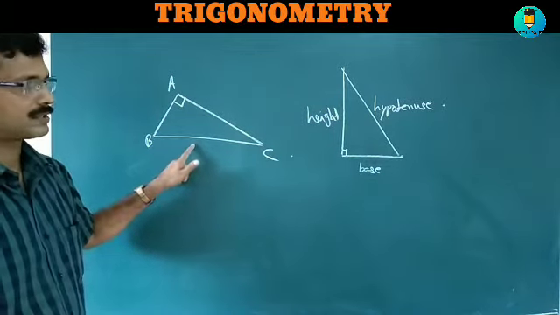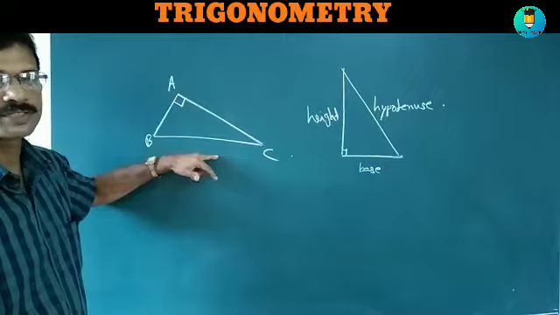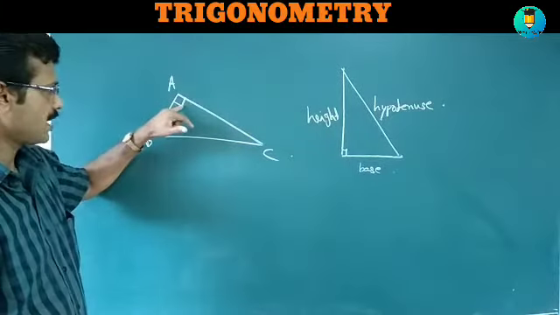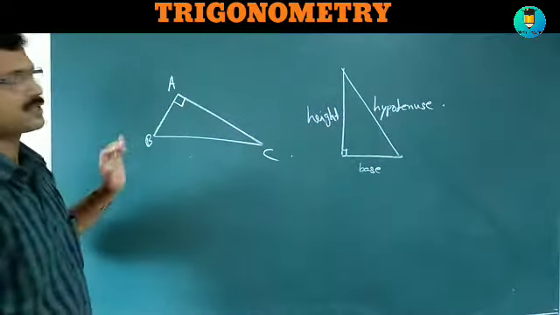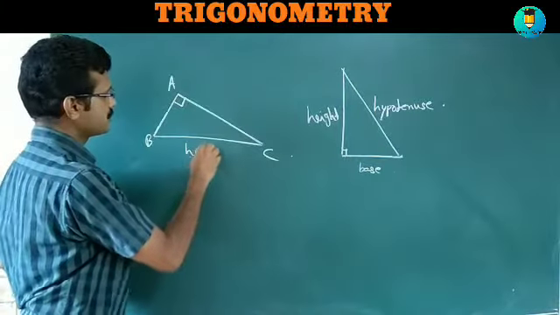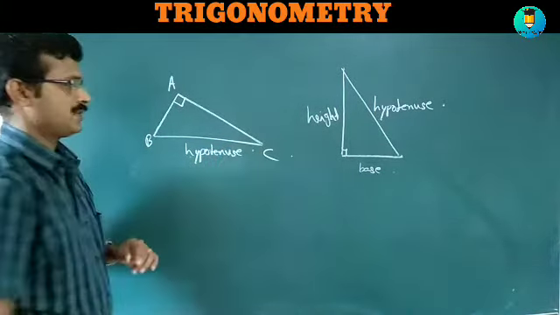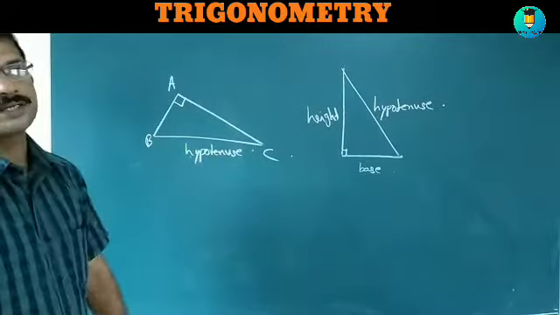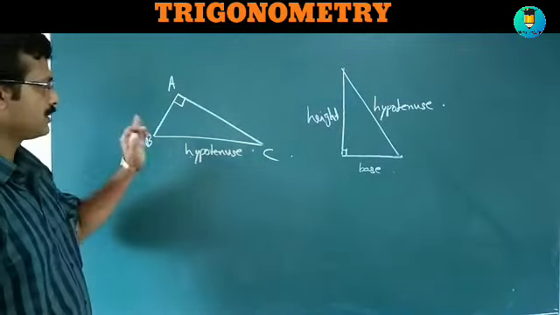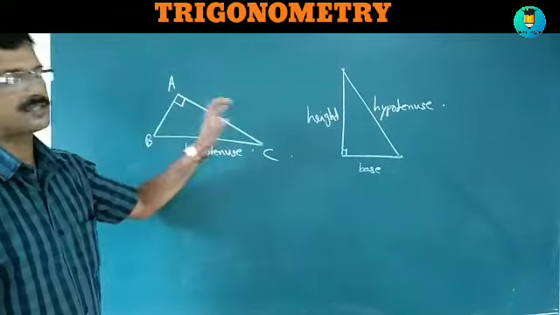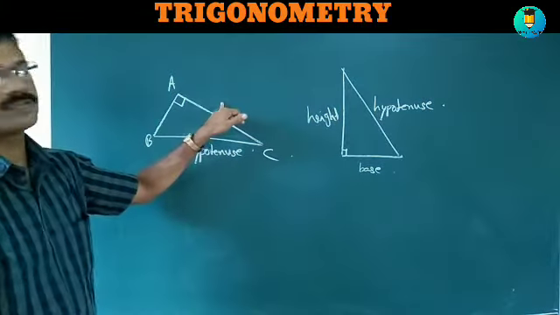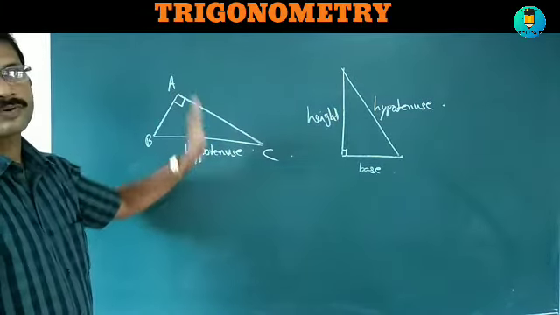This is not the base, though usually we say this is base. Now if I ask about base and height, many will have a problem: which is base, which is height? Some will say this is base, some will say that is base. So that problem will be there.